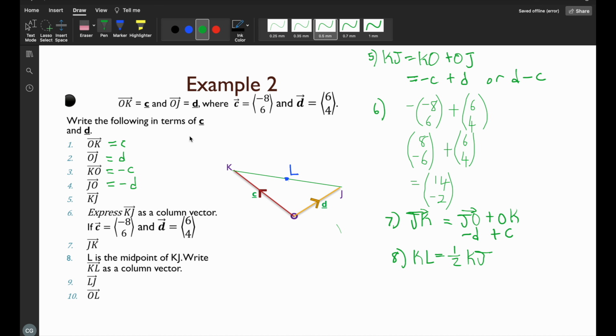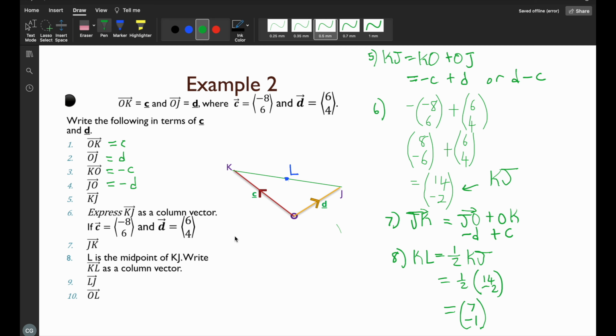We already have KJ, which is 14, minus 2. So half of that: half of 14 is 7, half of negative 2 is negative 1. That's our value for 8.